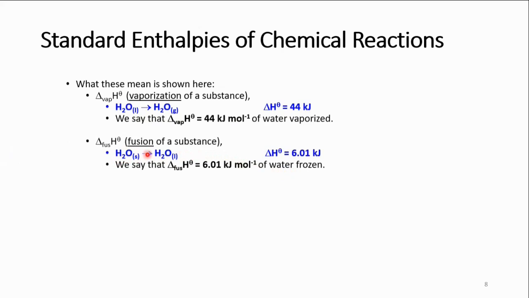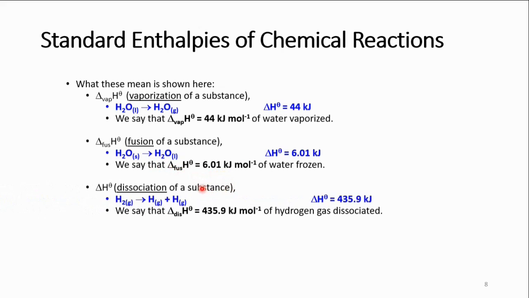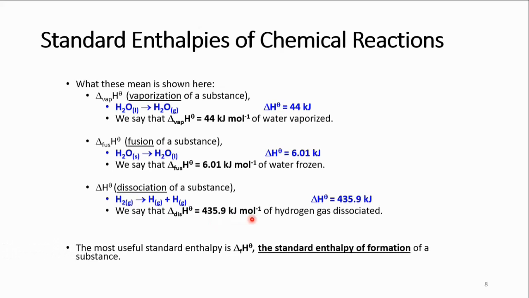This is where ice is converted to water, and for every mole of ice that you convert, it requires 6.01 kilojoules. You could also have bond dissociation. For every mole of hydrogen molecules that you break down, it requires 435.9 kilojoules. That is the standard enthalpy change of dissociation for hydrogen.